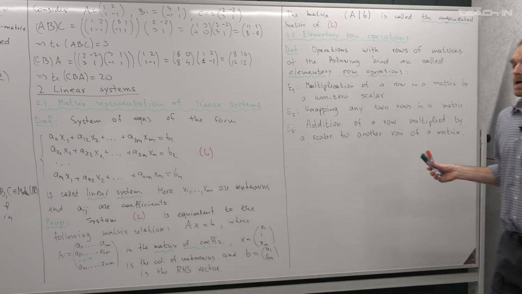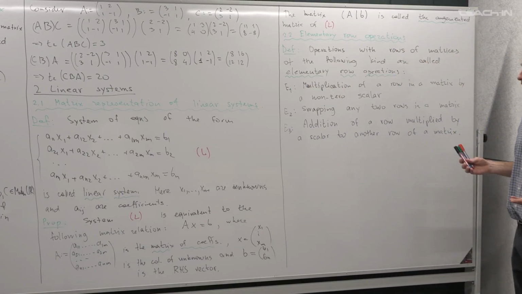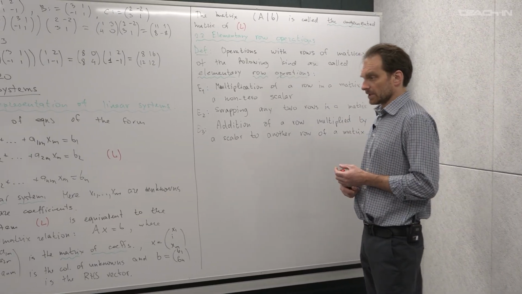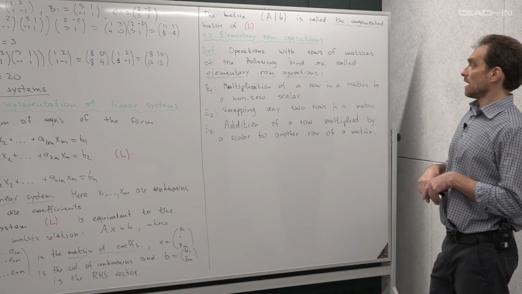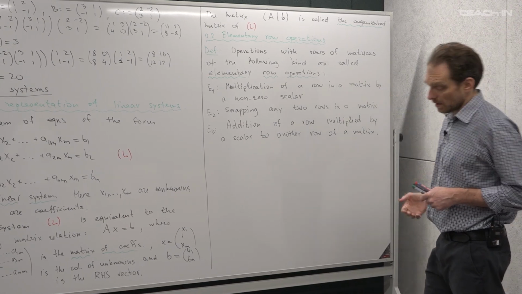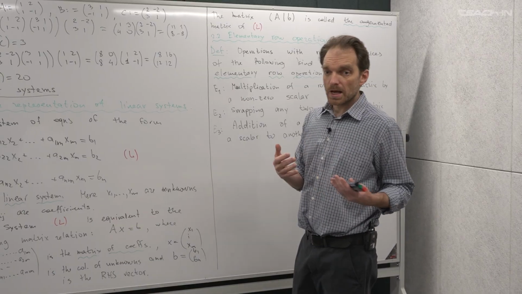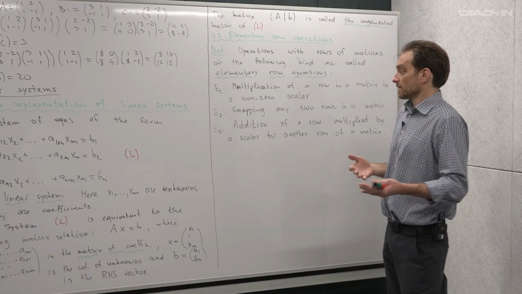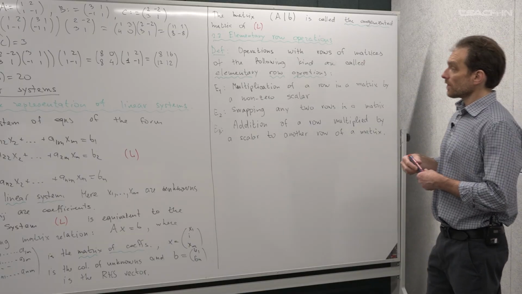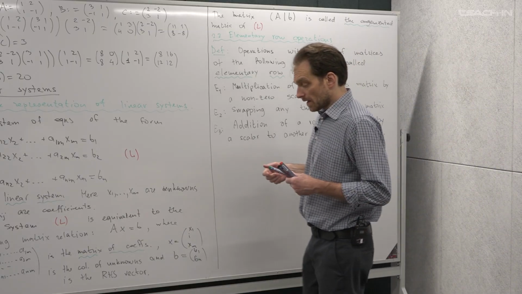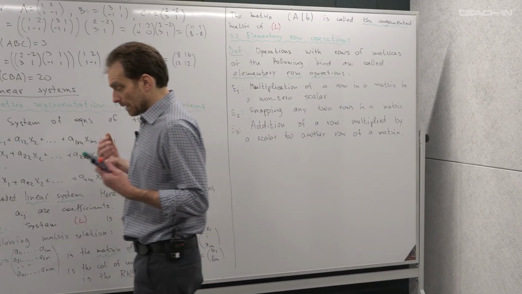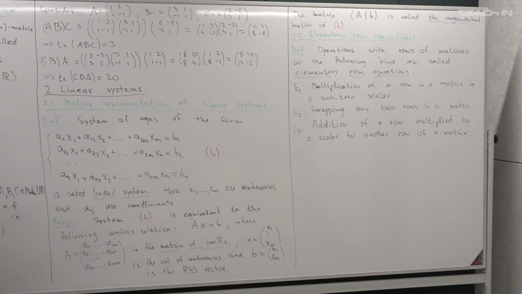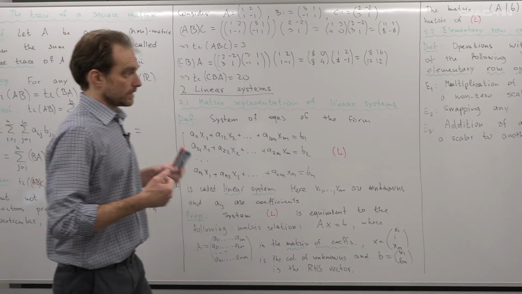So, of course, these elementary row operations change the matrix. So after we apply these elementary row operations, of course, the result would be not equal to the original matrix. But the important thing is that we can apply these elementary row operations to linear systems.